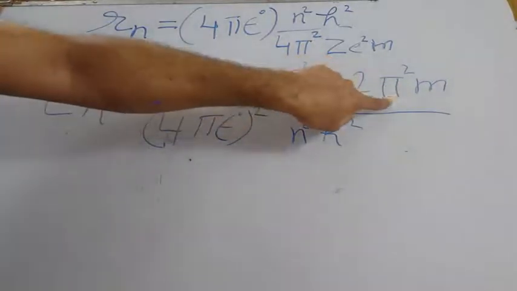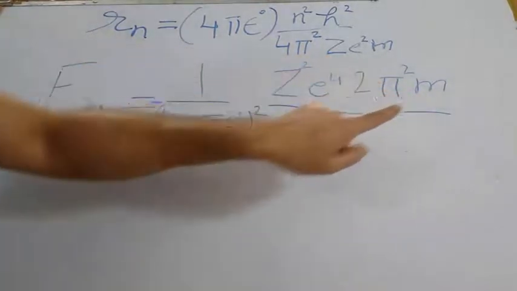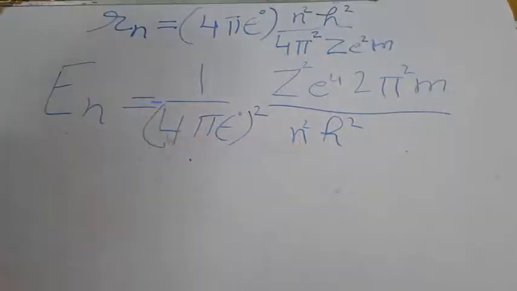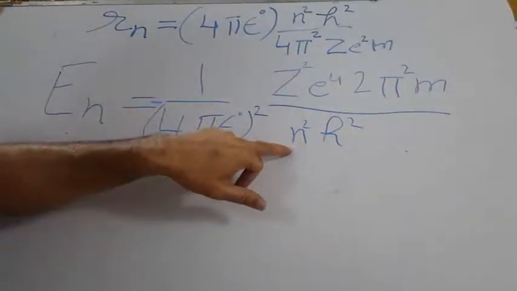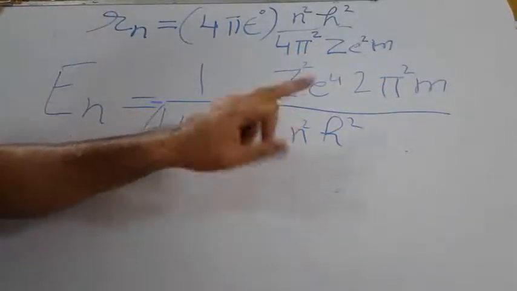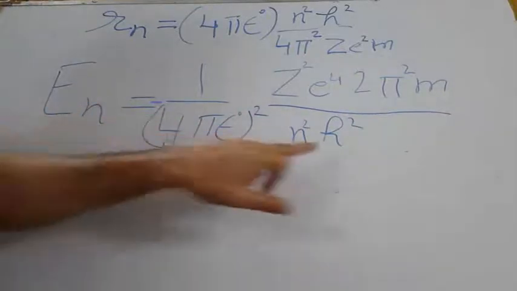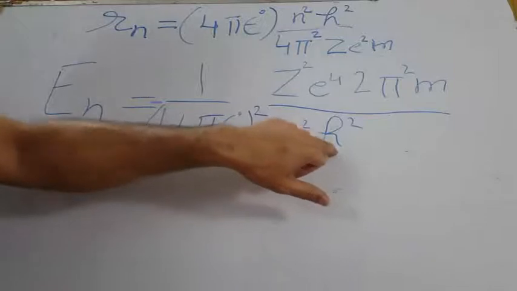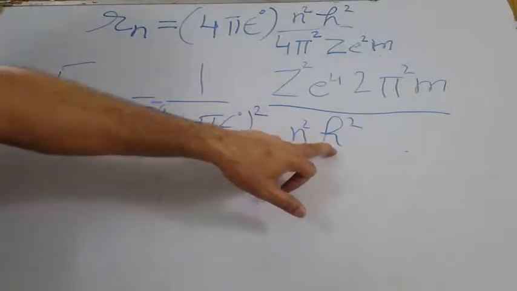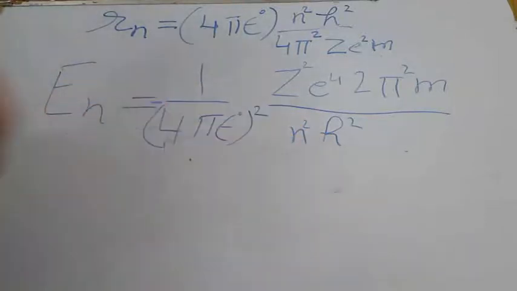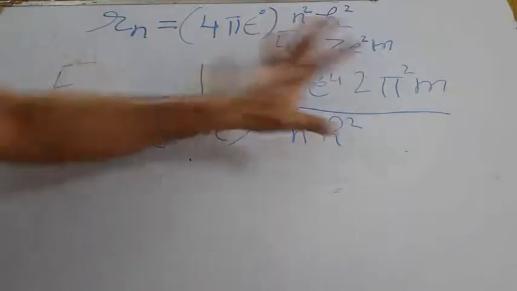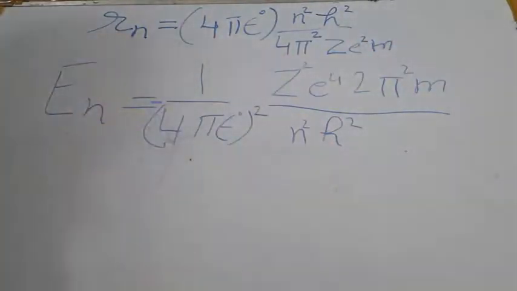We know the value of pi, we know the mass of the electron, and here we know the orbit number for which we have to find the energy, and h is Planck's constant. Therefore, we find this out.